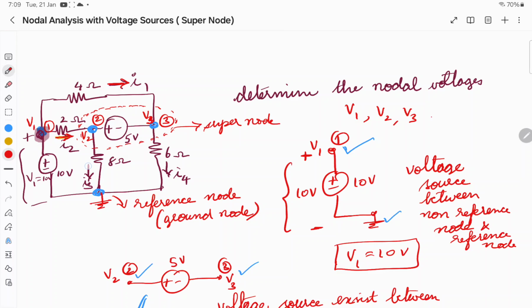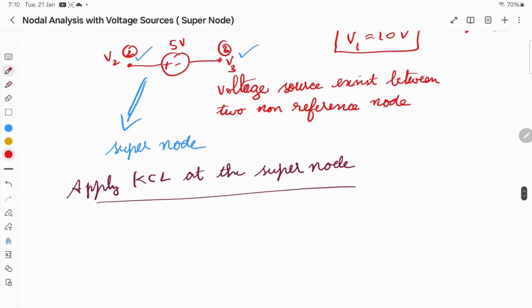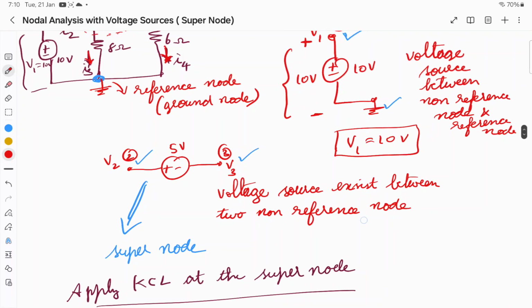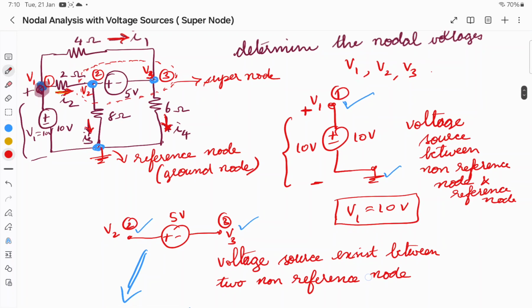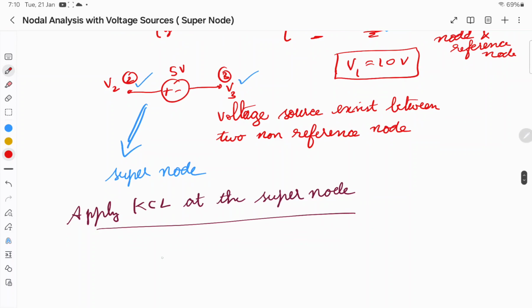What are the currents leaving? I3 and I4 are the currents leaving. So applying Kirchhoff's current law at the supernode, I1 and I2 are entering the supernode, and I3 and I4 are leaving the supernode.